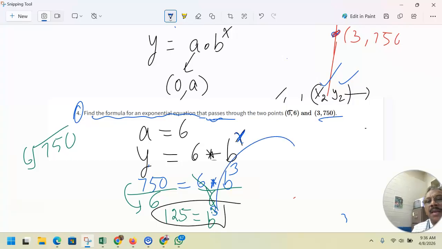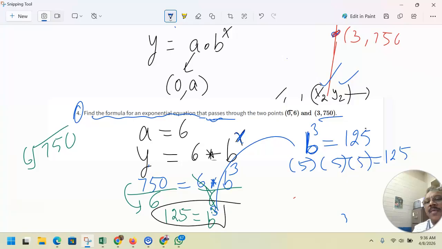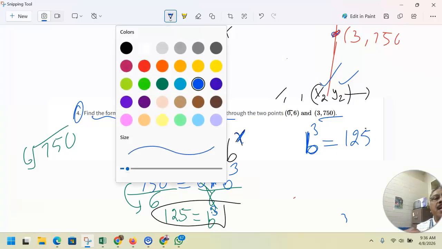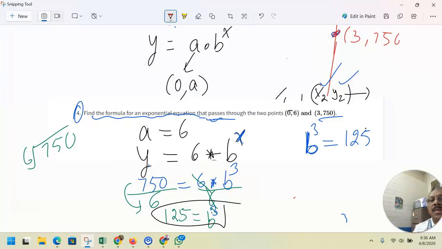Okay, so I'm going to write this again. b raised to 3 is 125. So common sense tells us, what number multiplied 3 times gives 125? It has to be 5, 5, 5. So b is 5. But how do we write this algebraically? It's like raising both sides. If it is 3, you raise both sides by 1/3.